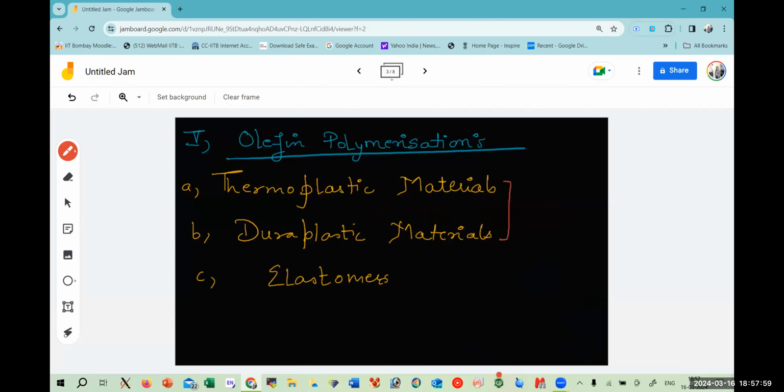These two have low segment mobility. This is having high segment mobility. This is having the memory effect, which both of them do not. This can be deformed easily.